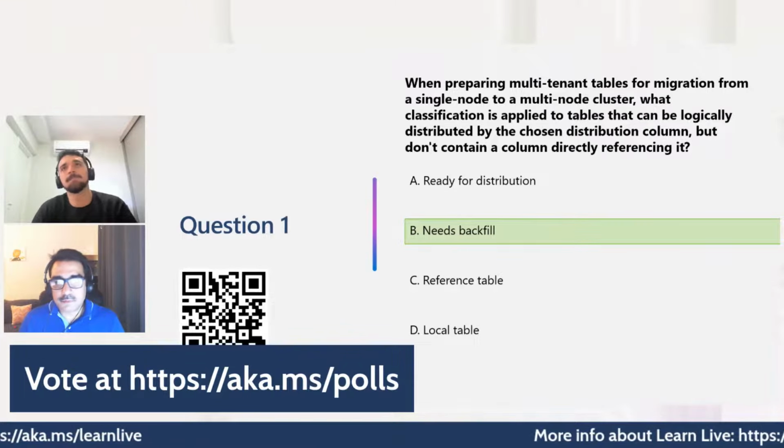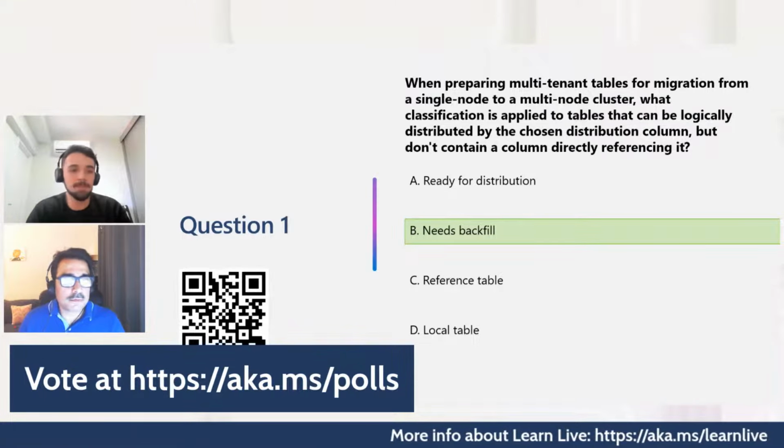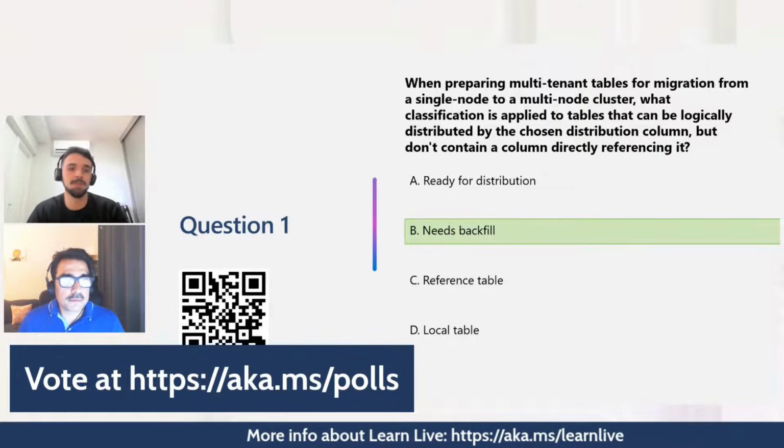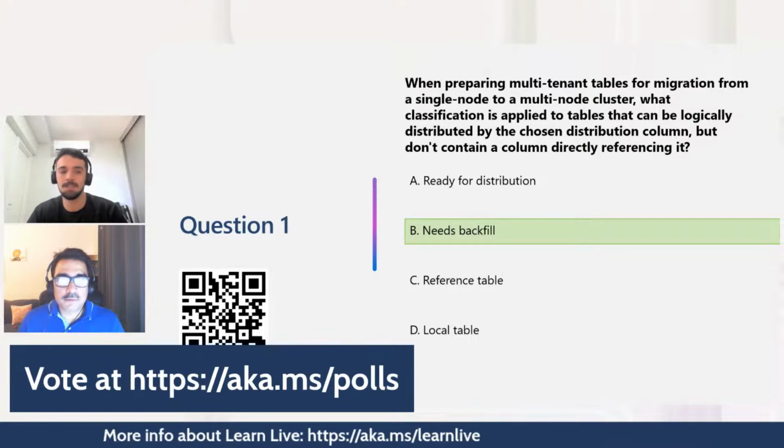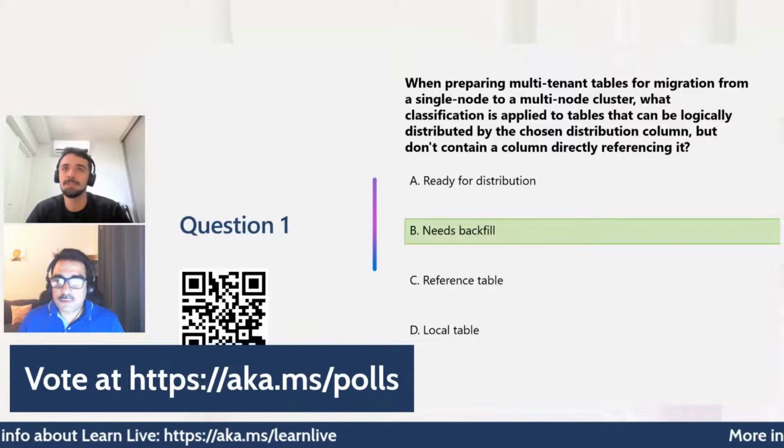Like we said previously, some tables might not have the distribution column, so you have to add it and then backfill it with the distribution data, right?